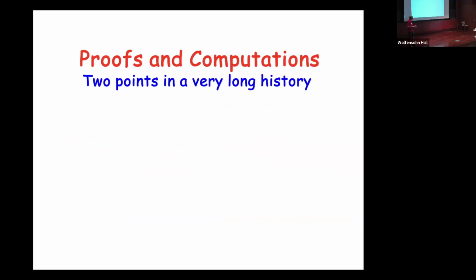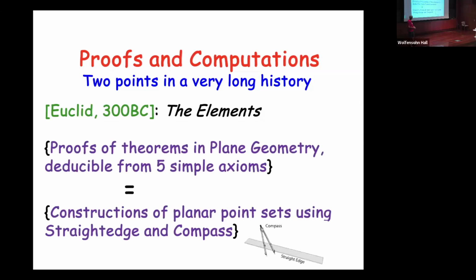As I said, there is a long history of interaction between proofs and computations, and even the ancients thought about it. I'll tell you just two points in the long history. One is Euclid's Elements, maybe the first book of mathematics. As everybody knows, it has a collection of proofs of statements in plane geometry.